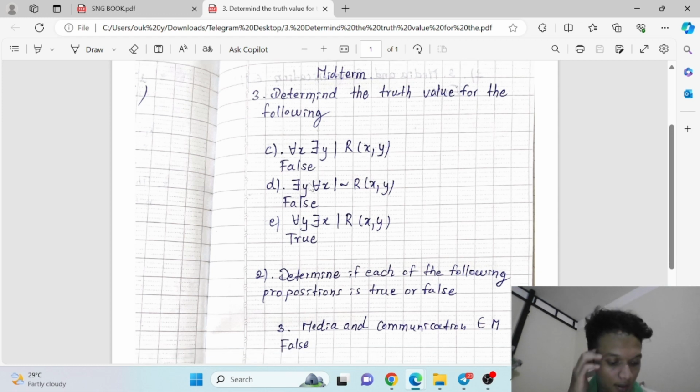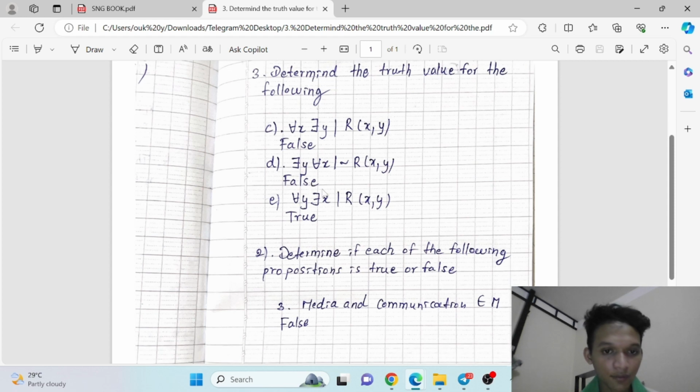And then D, this statement asserts that there exists a real number y such that for all real numbers x, the product of x and y is not 10. Since there is no such real number y for which the product with any x is not 10, this statement is false.